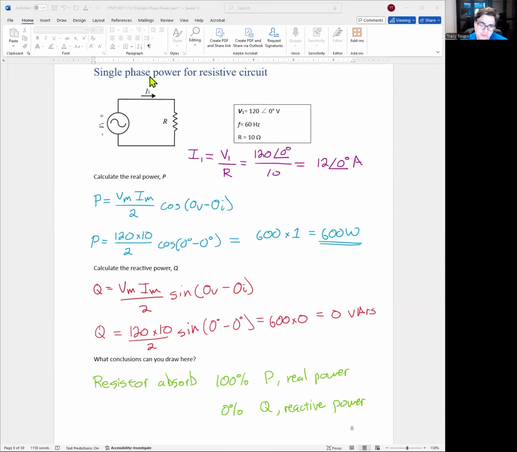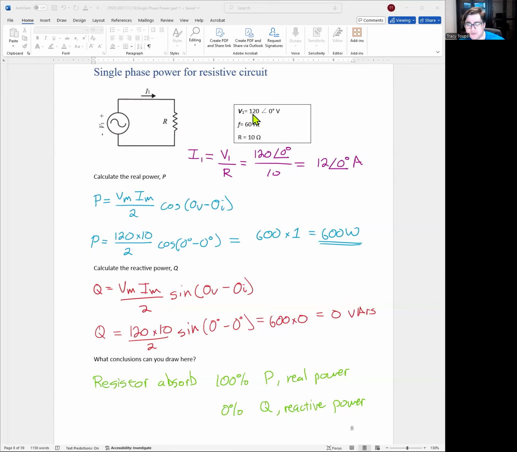So with single phase power for a resistive circuit, we just have a pure resistor. I want to calculate the real power and the reactive power, P and Q. Again, as a power engineer, you're going to talk about P's and Q's for the rest of your life. So the first thing we need to do is find the current.